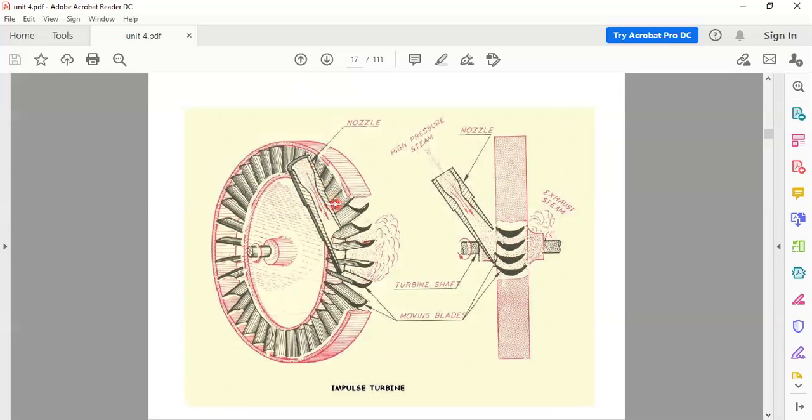After steam comes from the boiler through the nozzle, the steam leaves the nozzle at high velocity, high pressure and high temperature. Using this, we rotate our steam turbine and produce electricity.